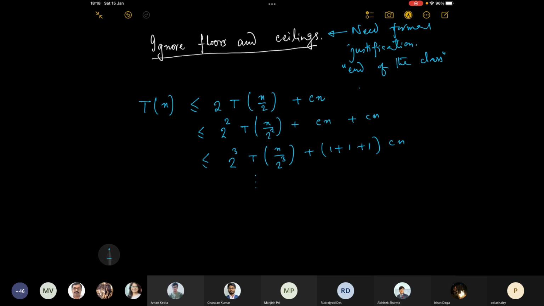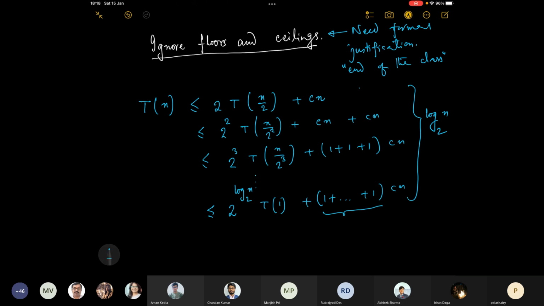So after log n steps, like log n base 2 steps, I will hit 2 to the log n base 2 times T(1) plus 1 plus 1 and so on times cn, and this is also log n base 2.